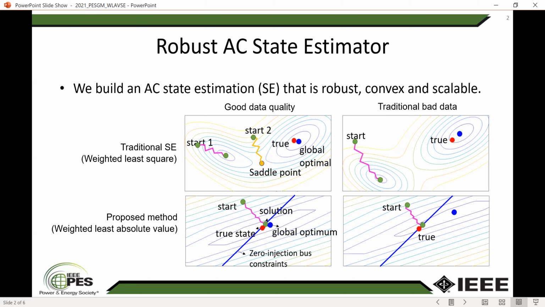When bad data exists, on the bottom right figure, weight-least absolute value captures bad data and we reach a solution at the corner that is still close to the true solution. Meanwhile, the zero injection loss constraints in our approach act as the blue line in this plot to constrain the feasible region, and it also helps make the solution more accurate.